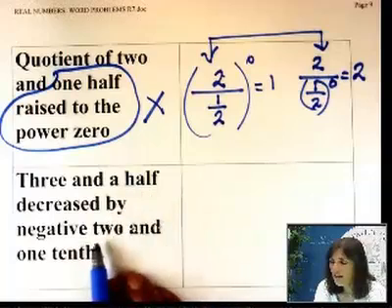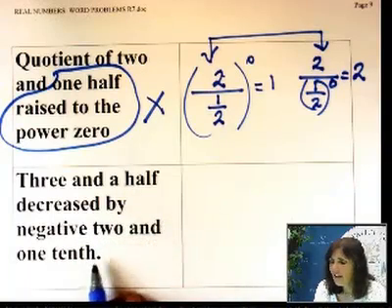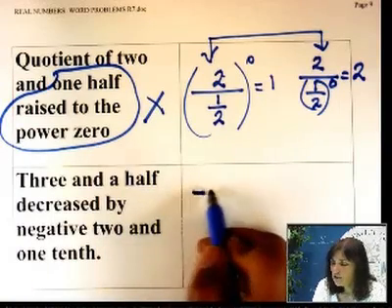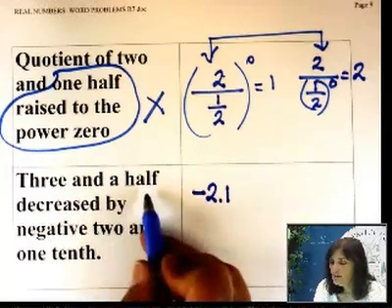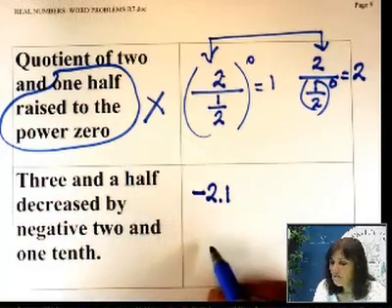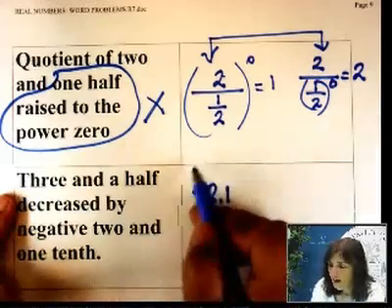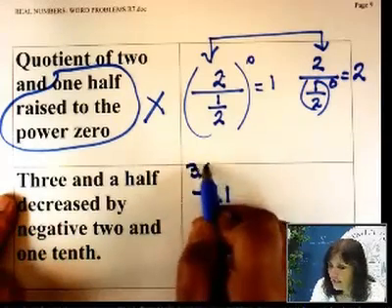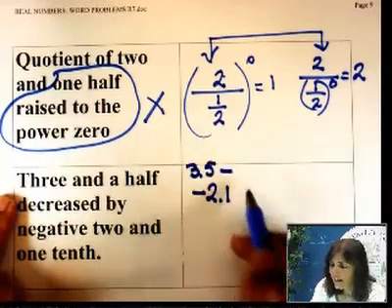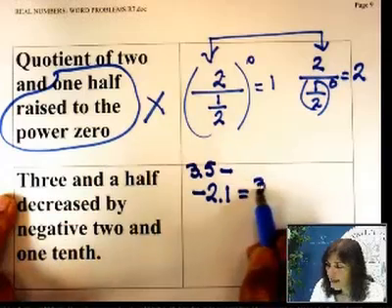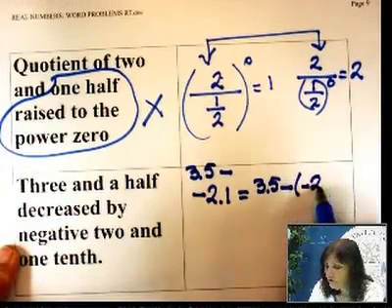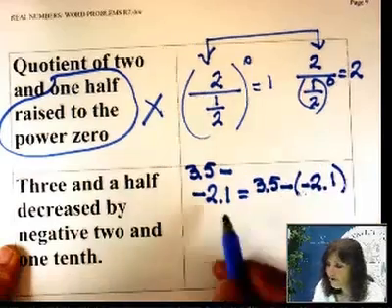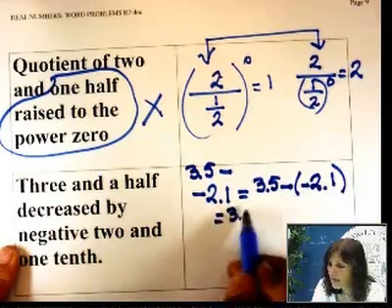3.5 decreased by negative 2 and 1/10. Negative 2 and 1/10 is that. 3.5 decreased by that. So 3.5 is decreased by that. So this problem is 3.5 is decreased by negative 2 and 1/10, which is the same as 3.5 plus 2.1.